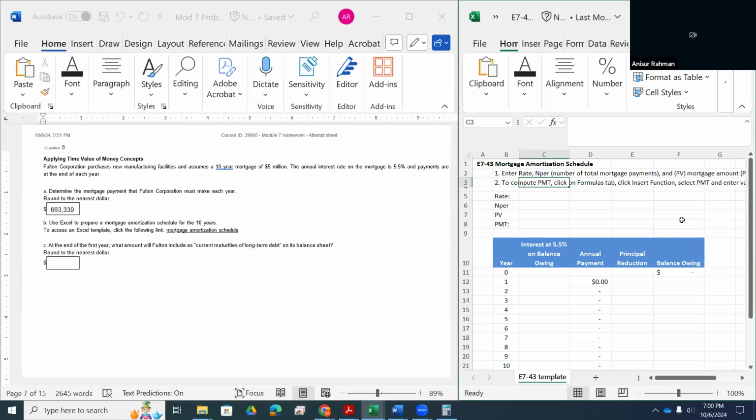To compute PMT, click on the Formulas tab. Okay. So our rate is 5.5. Our nper is number of periods, number of years. Our present value, it says enter PV amount as a negative number. $5 million.